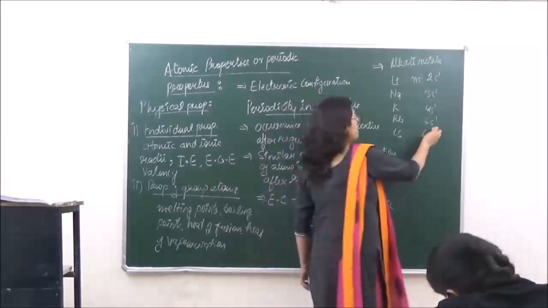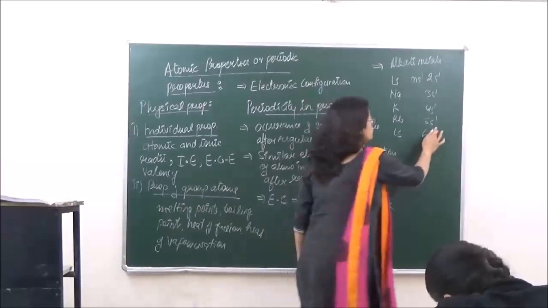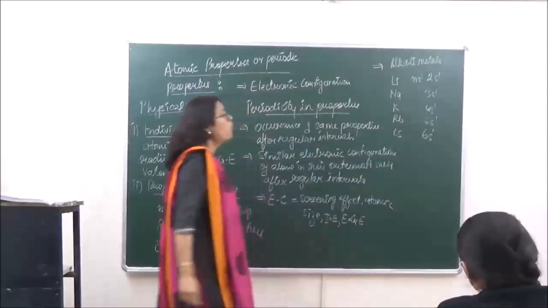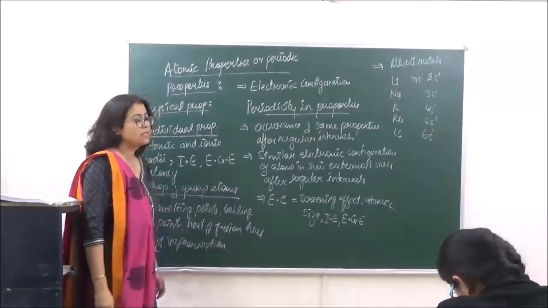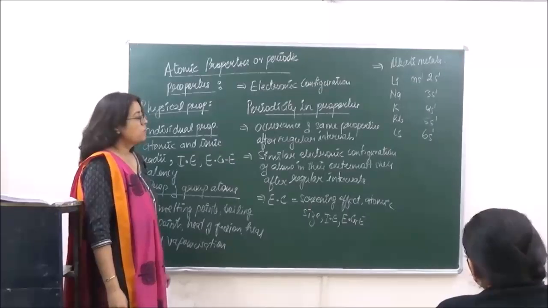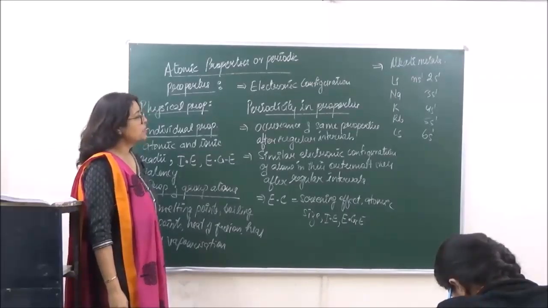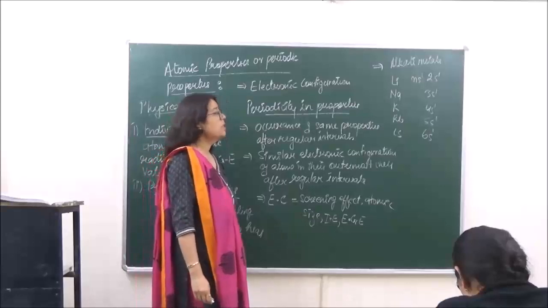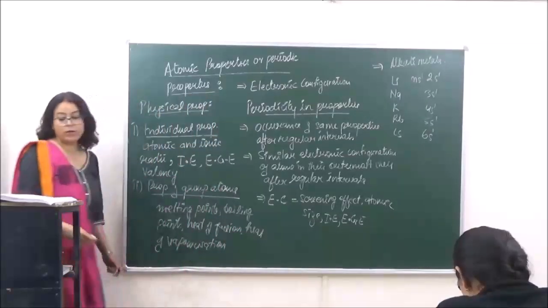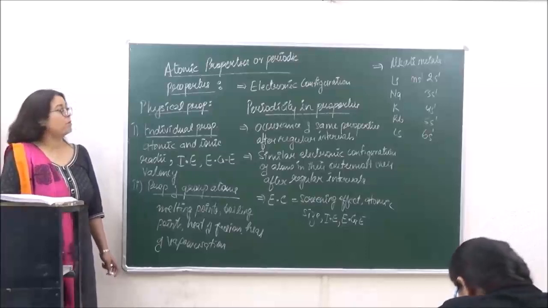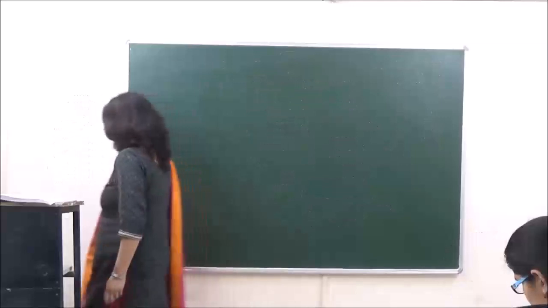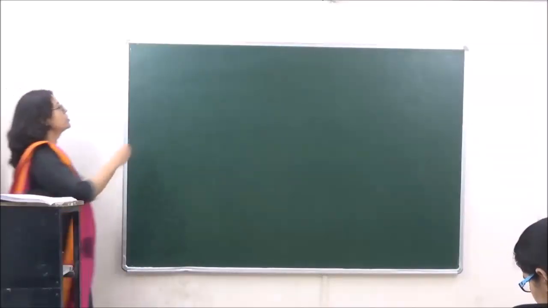Due to the similar number of electrons and similar electronic configuration in the outermost shell, all the alkali metals are going to possess the same chemical properties, right? The physical properties also depend upon the electronic configuration, but they will show a gradation, whereas chemical properties are going to be the same. So the first property which we are going to discuss is the screening or the shielding effect.